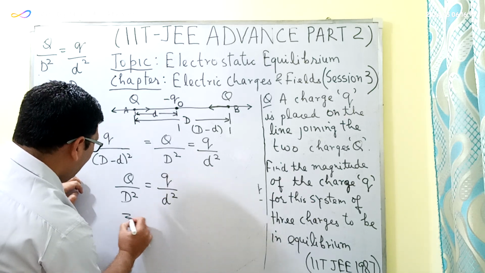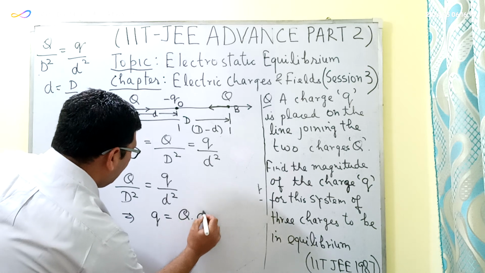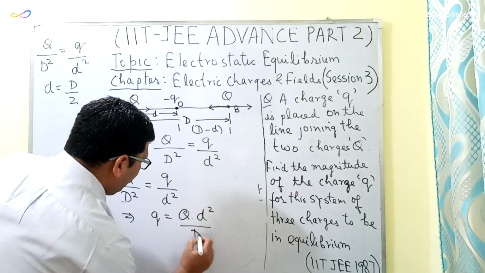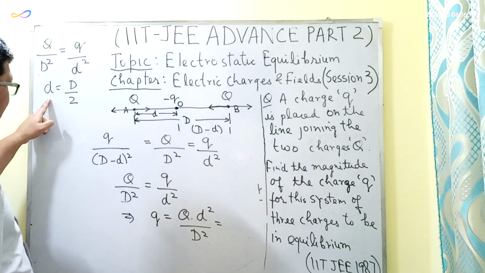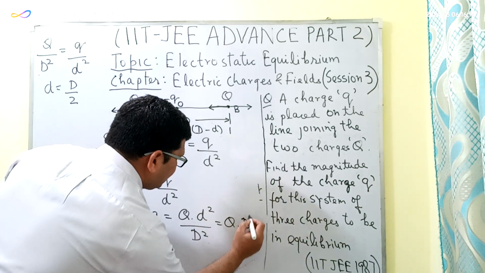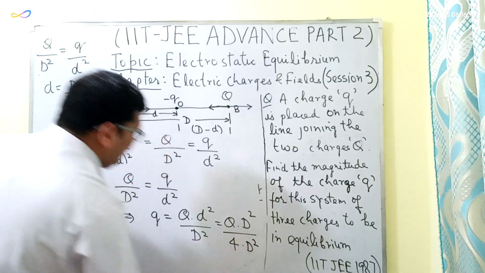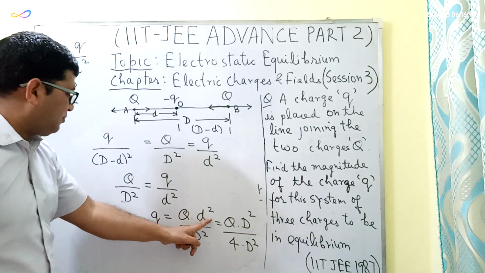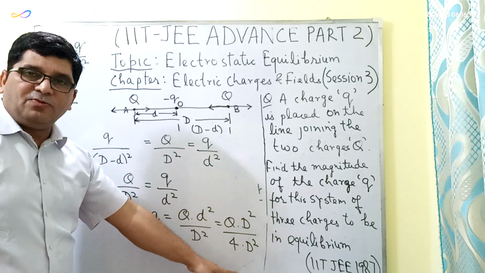So from here, q is equal to Q times small d square divided by capital D square, and small d is equal to capital D by 2. So this will be equal to D square upon 4D square.